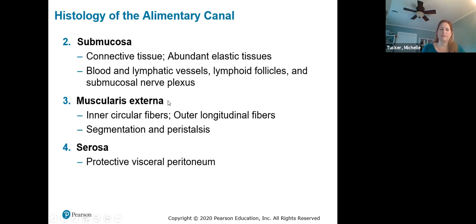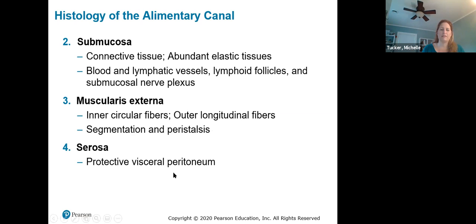The muscularis externa is responsible for the movements of peristalsis and segmentation. So these are true, thick muscular layers. Sometimes it's skeletal muscle, sometimes it's smooth muscle, depending on the organ.